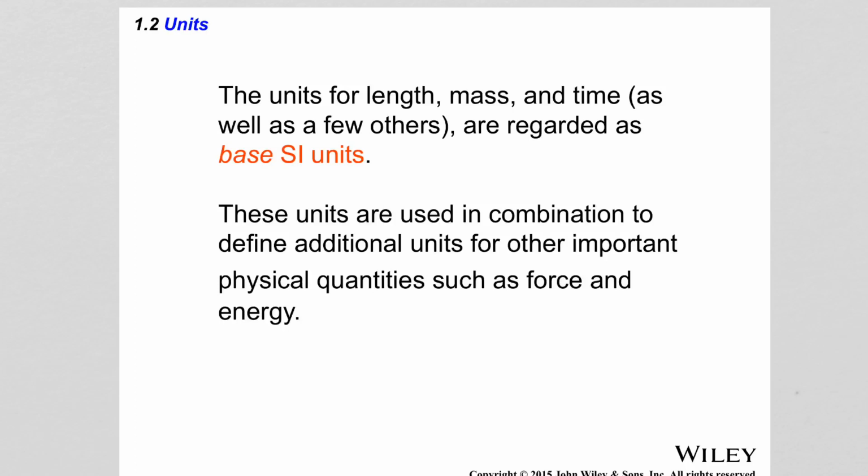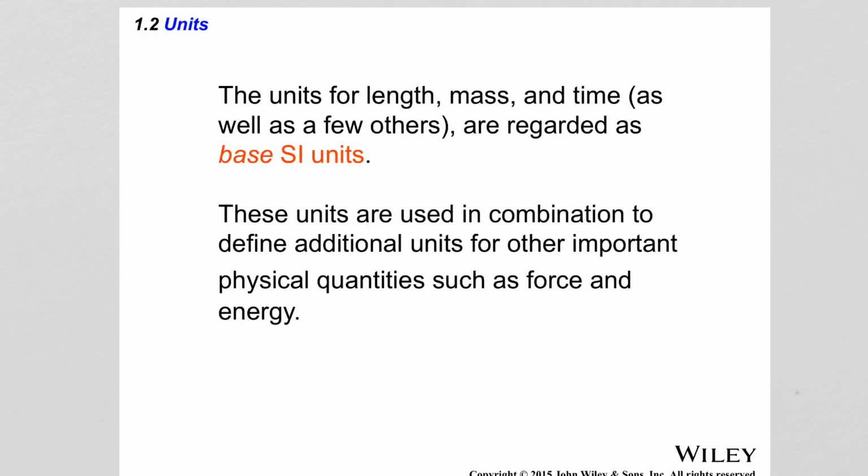So mass, length, and time, and a few others, are considered to be fundamental quantities in nature. And so because of that, the units that are assigned to those fundamental quantities are also known as the base units. And so those are the base units in the metric system.